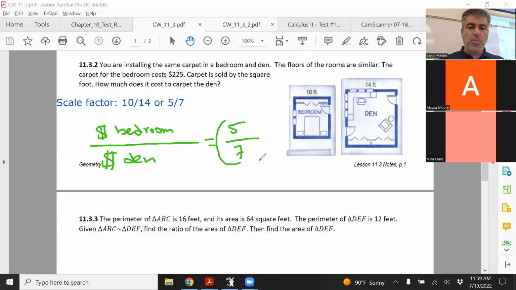It's going to equal 5 to 7 squared, because you're dealing with area. Okay, we're dealing with area.